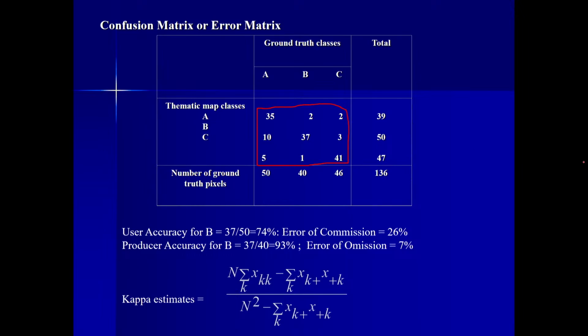Once we have this error matrix, we have to calculate the total for each row. In the same way, for each column we have to calculate the total. This is your number of ground truth pixels, that is your column total.